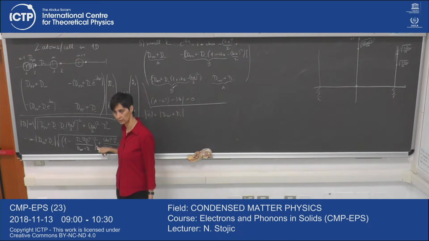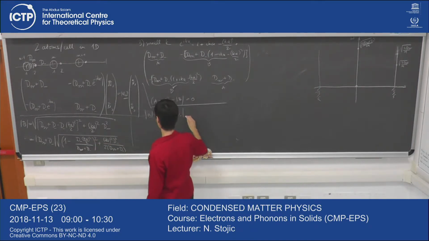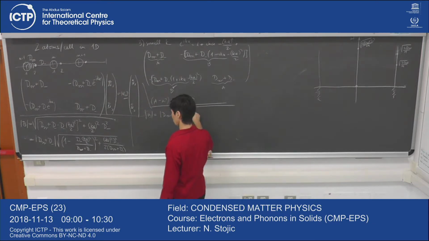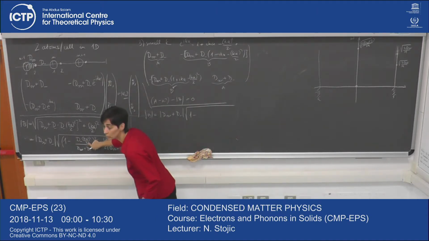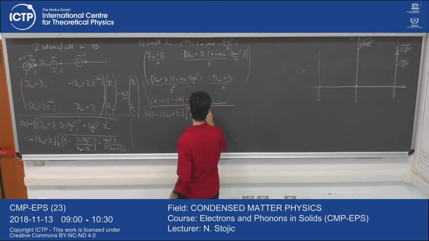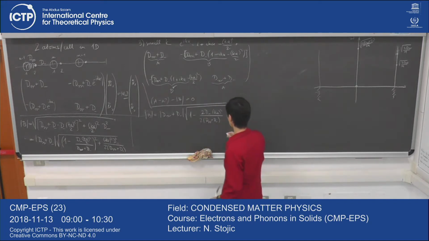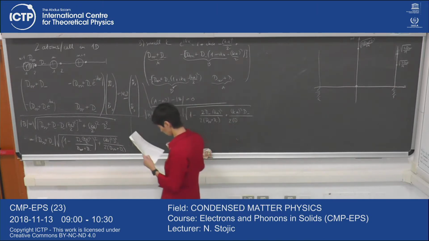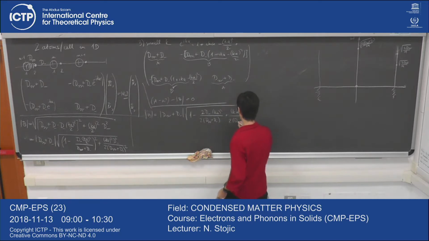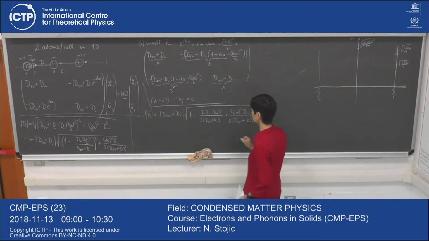Now I can expand this polynomial as 1 minus 2 times second power 2 times this, which cancels with these 2, minus, I can write it, D weak k a squared over 2 of D strong plus D weak, plus k a squared D weak over 2 D. This should be squared. D strong plus D weak squared.